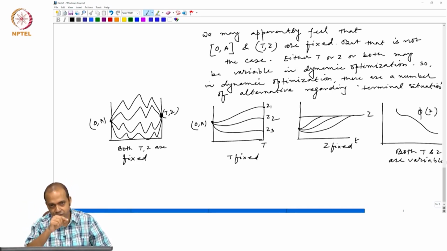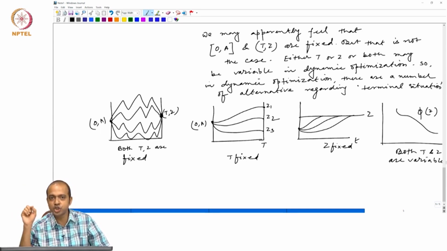Then there are different paths to achieve the terminal state, and we must have one objective functional, which is quite different from an objective function. An objective function is relevant for static optimization, but an objective functional is relevant in the context of dynamic optimization. Static optimization is a one shot game, where you are mapping a point to another point.